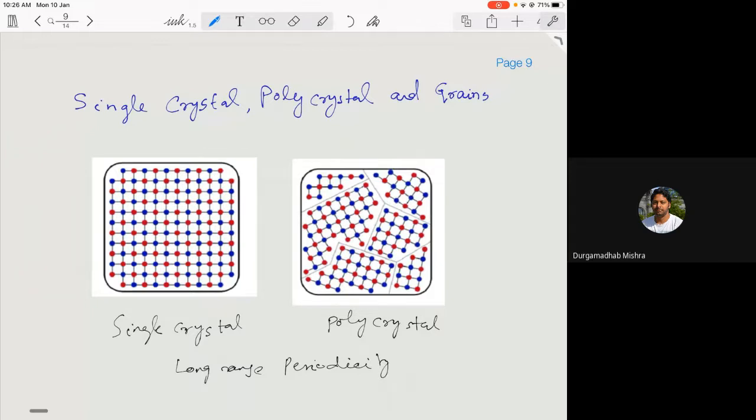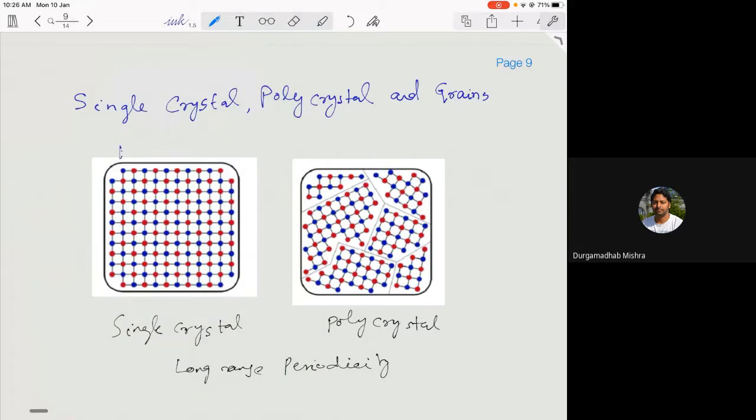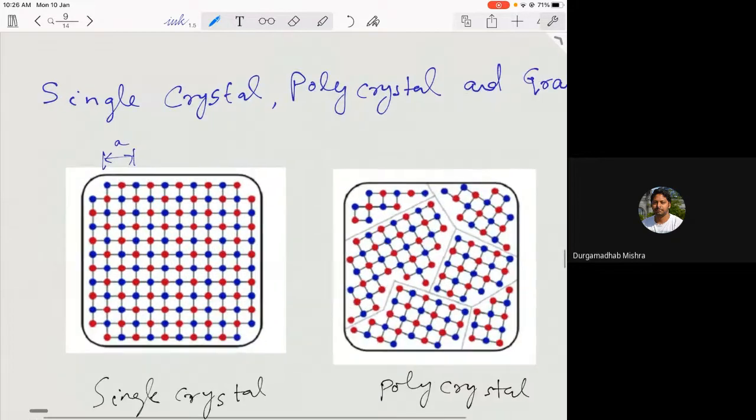But in a polycrystal, you have regions where you have long range order, and the periodicity remains the same. You see, this is my lattice parameter, and this is my lattice parameter.